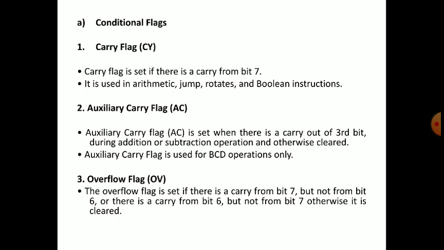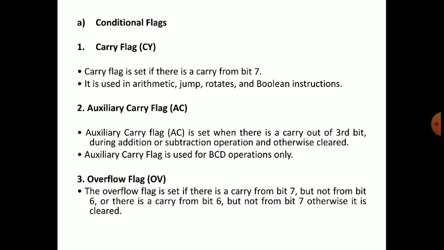Then the next flag is the auxiliary carry flag. Auxiliary carry flag is set when there is a carry out of the third bit. Third bit meaning, because 1 byte can be divided into 2 nibbles, right? Lower nibble and higher nibble. In the lower nibble we have bit 0 to bit 3, and in the higher nibble we have bit 4 to bit 7.